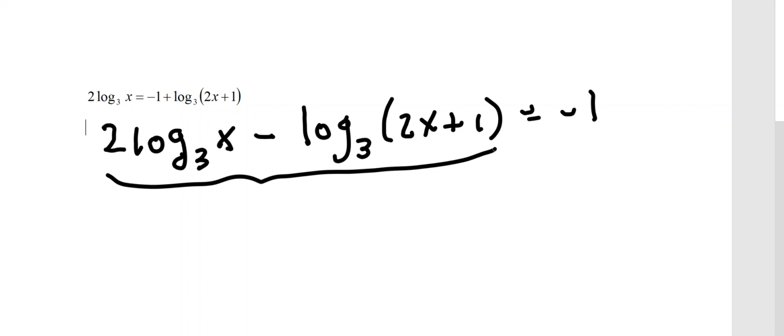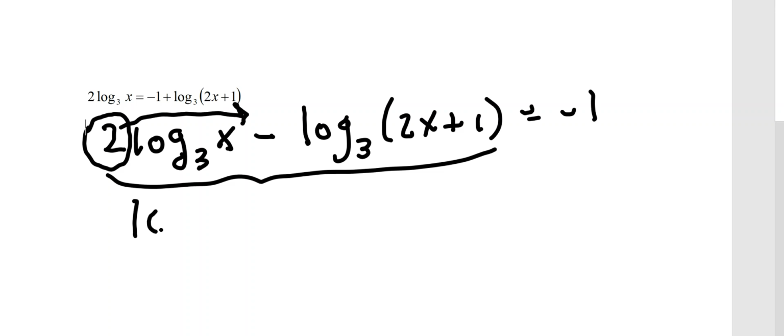However, there is a 2 in front of the logarithm, so I want to be able to get rid of that 2. Not really get rid of it, but put it in another position. One of our rules tells us that I can send this 2 so it becomes the exponent of the x.